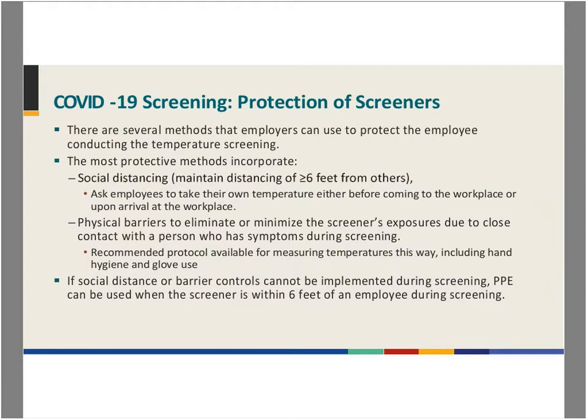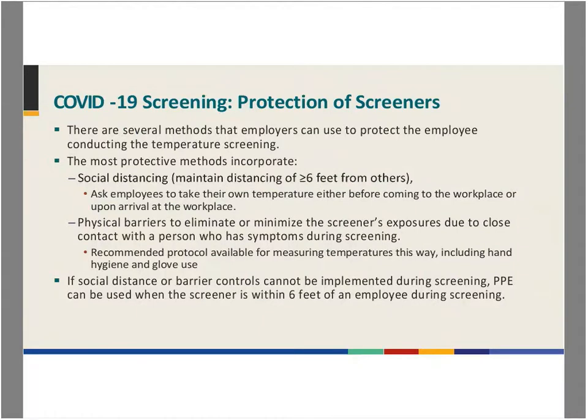So Jeff talked a bit about the protection of screeners. The most protective methods, if you're doing in-person screening, are to use social distancing and maintain a distance of at least 6 feet from others. And even if you're having the employees take their temperature on site, you could still ask them to do it themselves to keep the screener from having to get as close to them. The next option is to use physical barriers to eliminate or minimize the screener's exposure due to close contact with a person who has symptoms.